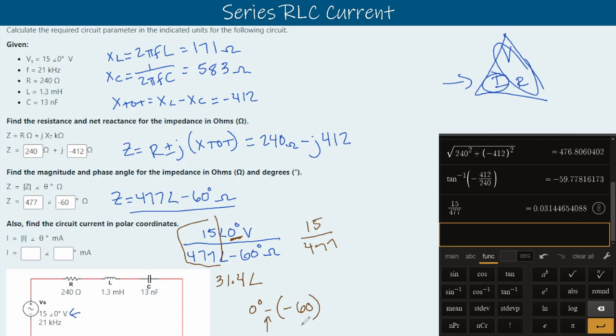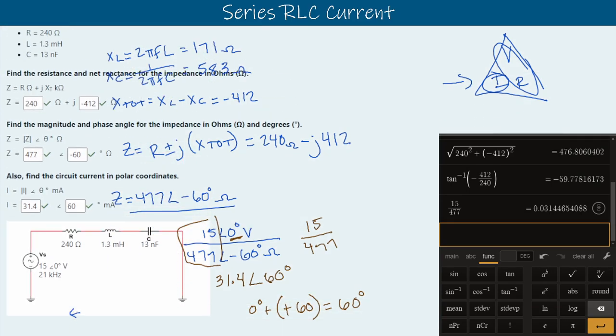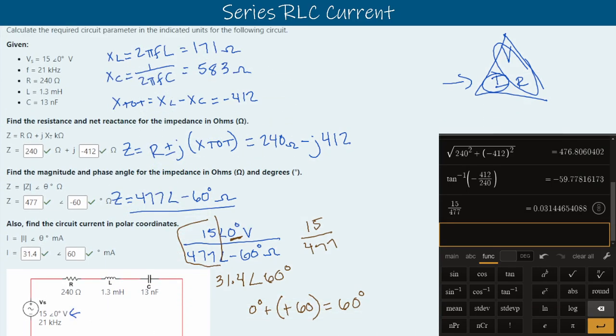We have to account for both of those because they cancel each other out, which means negative negative becomes a positive, and our answer becomes positive 60 degrees. We'll plug that in for our final answer: it's in milliamps already because we moved that, so 31.4 milliamps at positive 60 degrees. We'll check that. All right, if you guys have any questions, feel free to reach out.